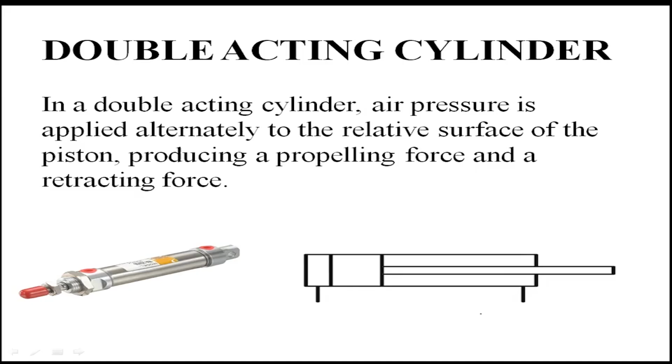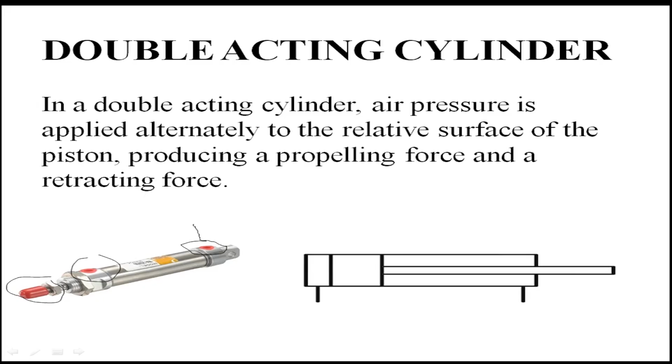Next, coming to the double acting cylinder. In a double acting cylinder, air pressure is applied alternately to the relative surface of the piston, providing a propelling force and a retreating force. So here you can see the double acting cylinder. This is one entrance and this is another entrance, and this is the piston.